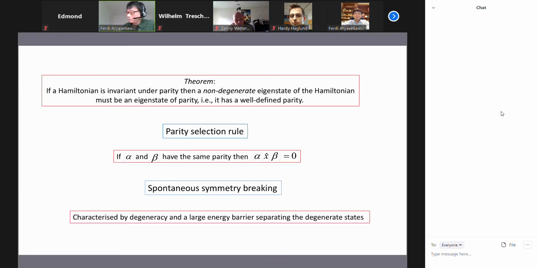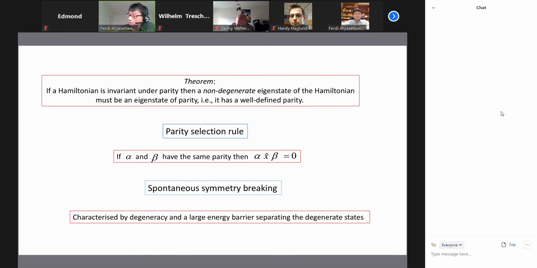Let's go back to parity before we go to time reversal. There is another theorem concerning parity, called the parity selection rule. This is an example of the use of symmetry to calculate matrix elements. By using the symmetry, we can tell whether a matrix element is 0 or not.